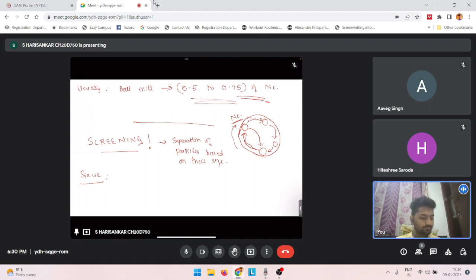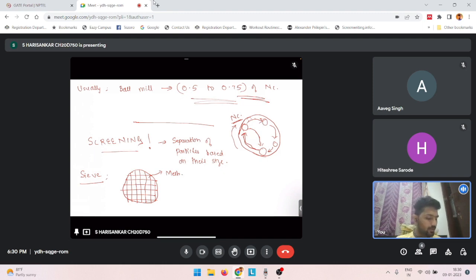So what a sieve is, it's basically a plate that has a lot of interlinked wires. This plate is called a sieve. And this arrangement is called a mesh because it's arranged in a cross pattern.